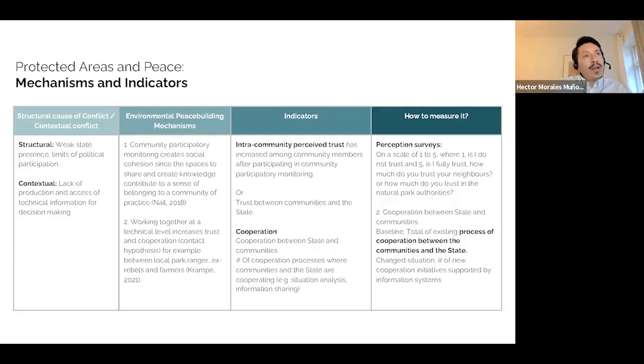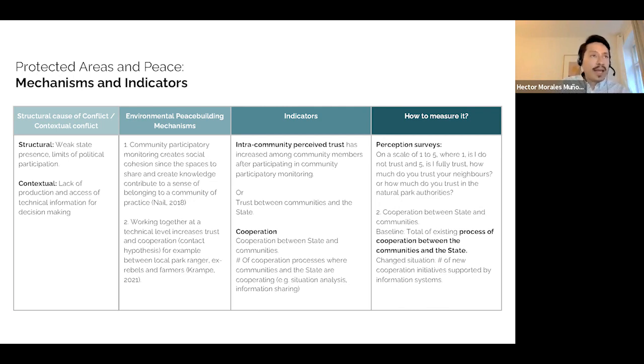One of the important lessons that we learned is that it was important to differentiate between the structural causes of the armed Colombian conflict, which, for example, were weak state presence or limits of political participation, and the contextual conflicts or challenges that were present there.